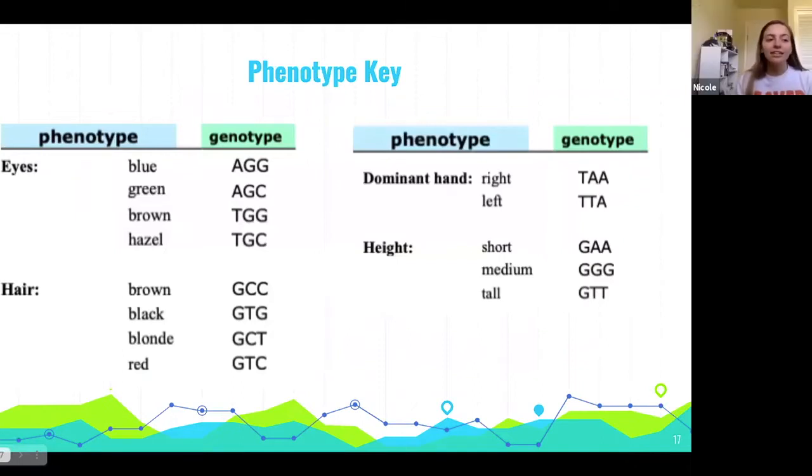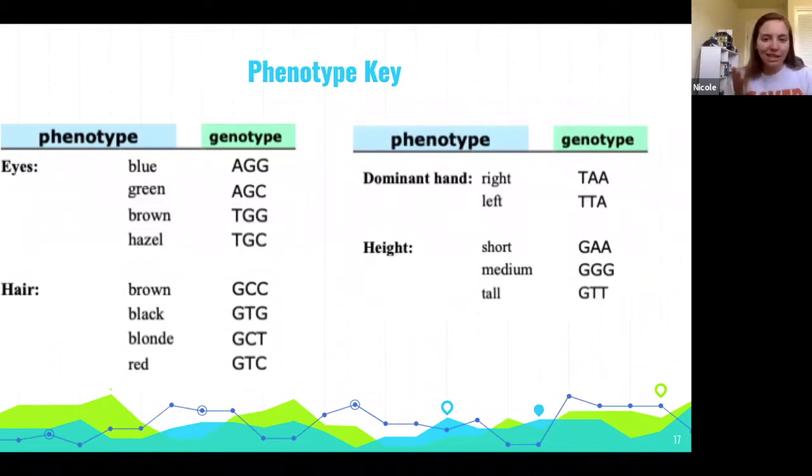So, like Maya said, genes lead to a phenotype in people. And genes are organized in triplets of bases, like they are on the phenotype key, and like we've been doing on the slides. Usually there's more than one triplet that goes into something as complex as hair color, for example. If you think about it, you've seen people with blonde hair, darker blonde hair, light brown, medium brown, dark brown, and black.